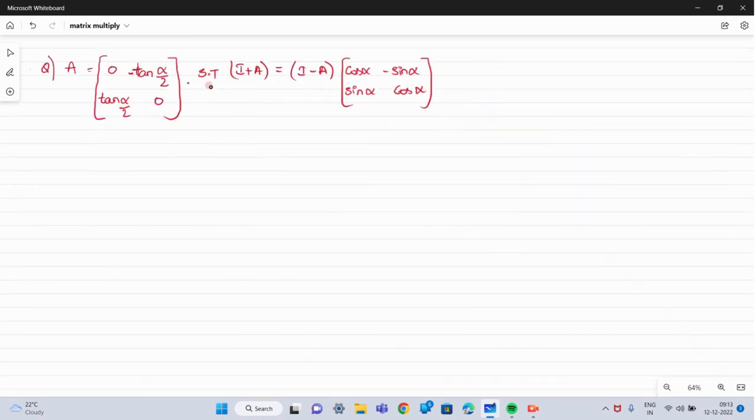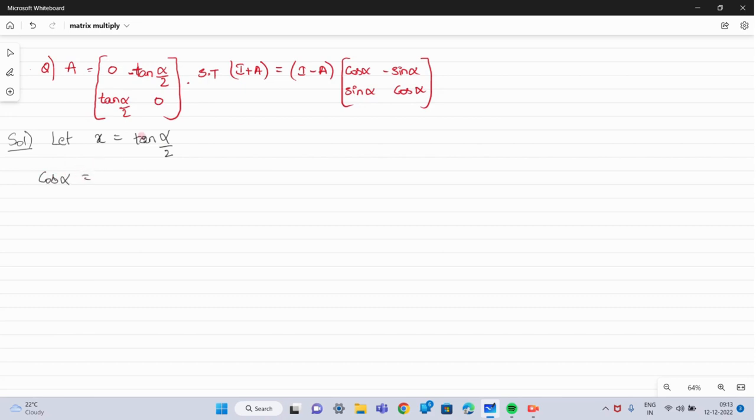Matrix A is given and we need to show that it satisfies the identity. So first, let us assume tan alpha by 2 as x, just to simplify our problem. From trigonometry, we can write cos alpha in terms of tan alpha by 2.